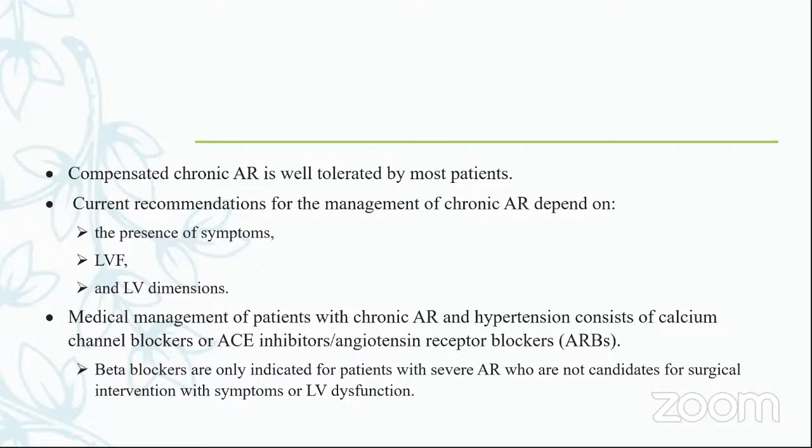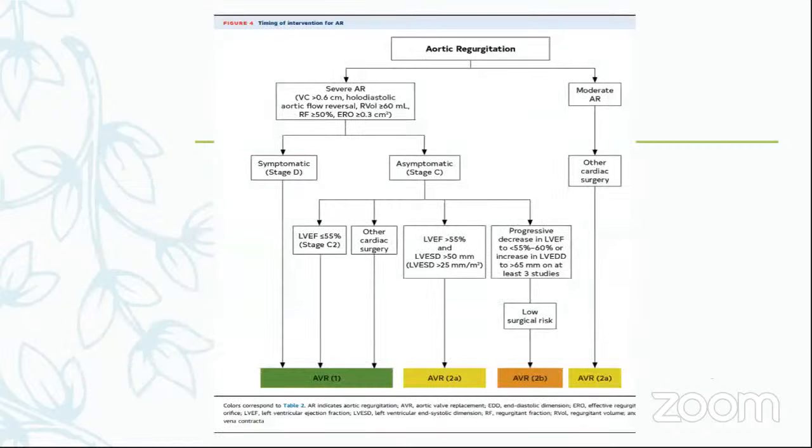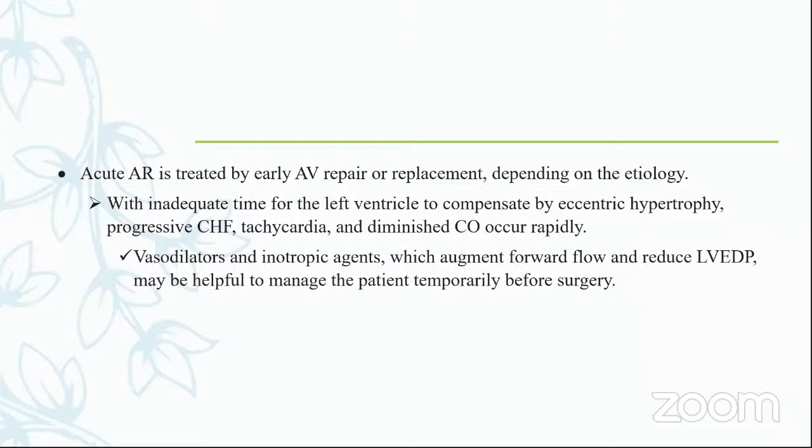Beta blockers are only indicated for patients with severe AR who are not candidates for surgical intervention, with symptoms or the presence of LV dysfunction. This is the recommendation. I will skip this also because we will speak about it in the next lecture.